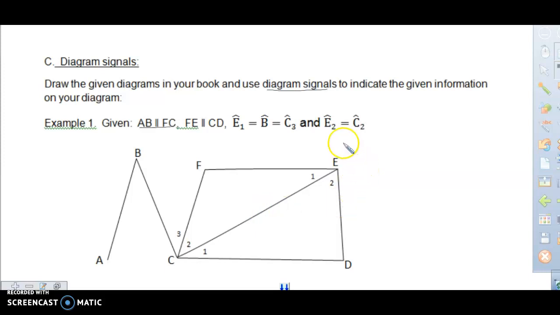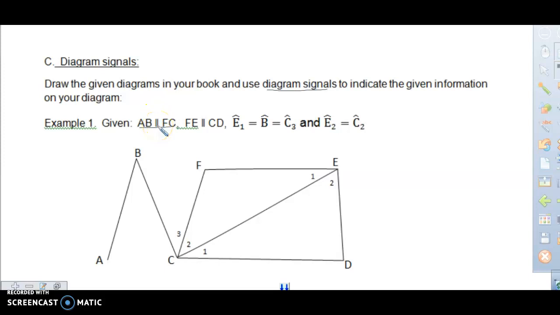So for your exercise, you have to redraw your diagram, and then put the diagram signals for the given information in your diagram. So what does this mean? I'm going to read now. I start with what is given, and if I read this, it says AB, so I'm talking about the side. There are 2 points, from A to B, and what is that symbol?